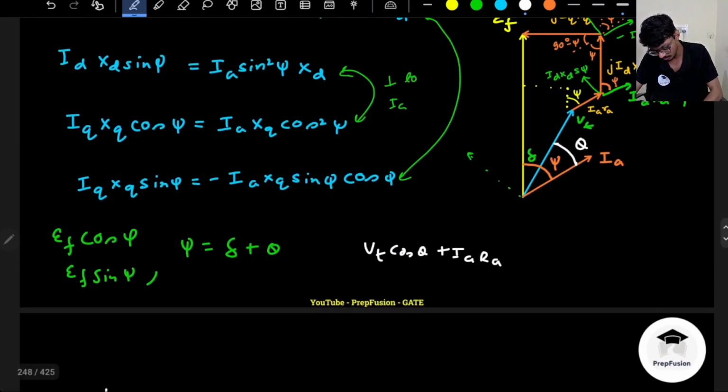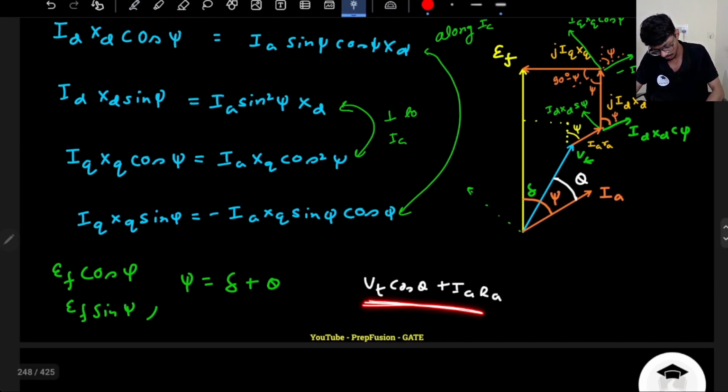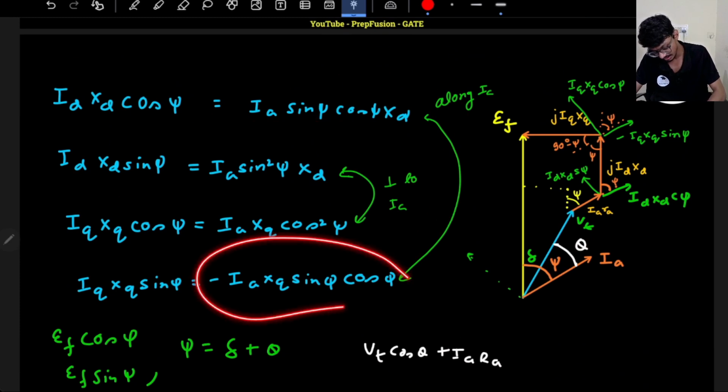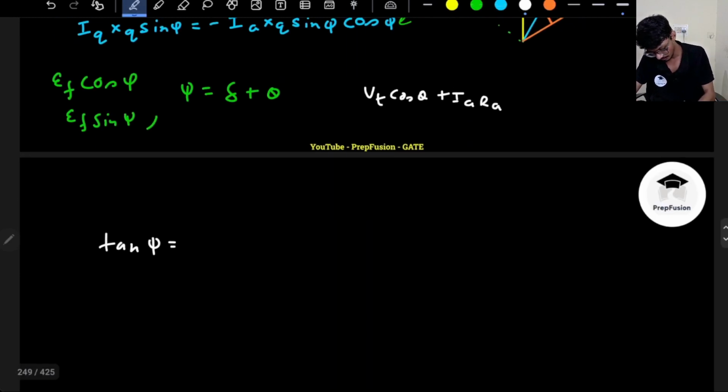Tan xi will be equal to, what is the parallel component along IA? This Vt cos theta plus IA Ra plus these components, right? These are always parallel. So this is IA sin xi cos xi Xd, divided by basically Vt cos, so this is basically Ef cos delta.